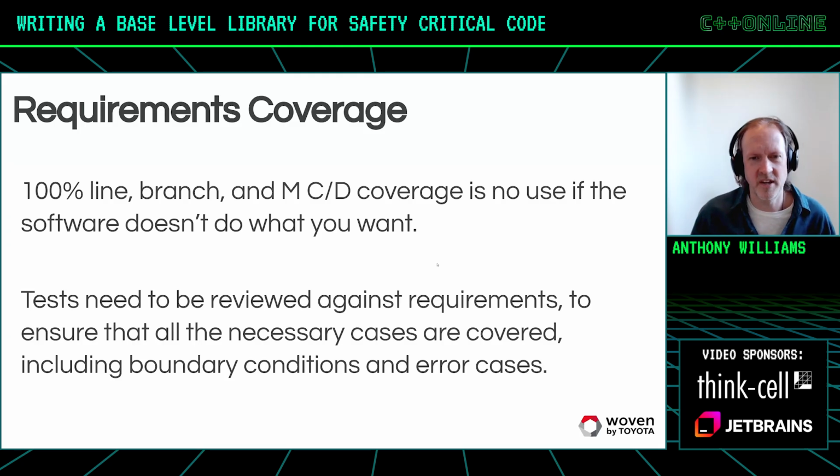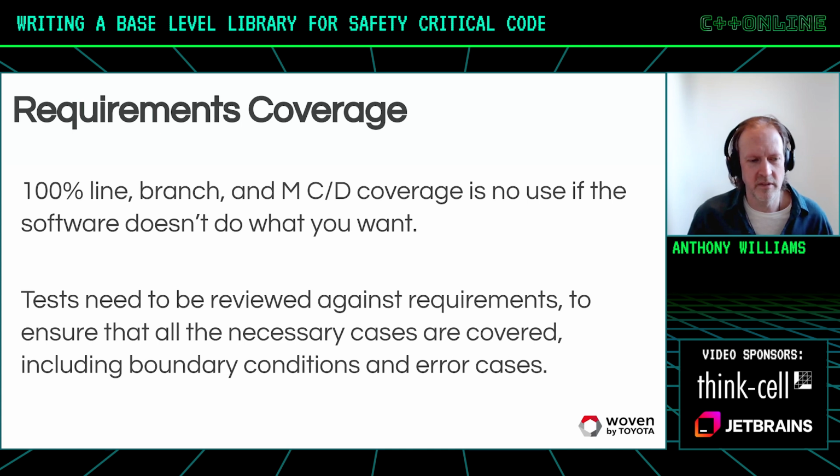So someone asks, how do you manage the requirements coverage matrix, requirements to code, and what tools are used for that? We use in-house custom developed scripts using the APIs for the requirements management tools.